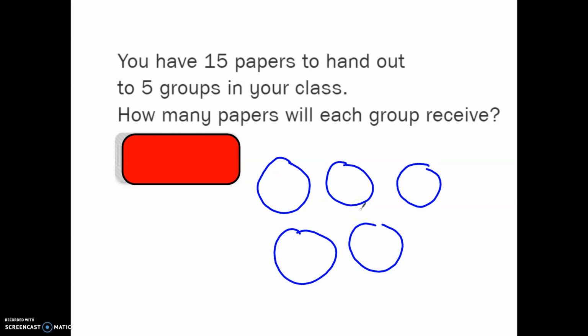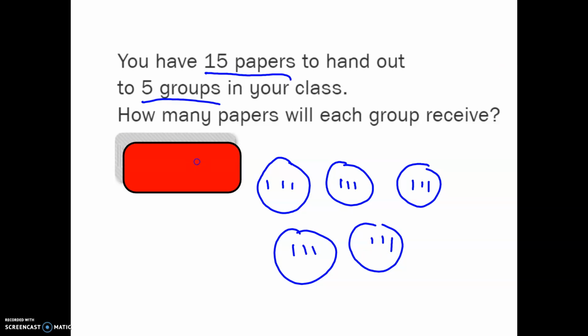How many papers will each group receive? 5 groups, 15 papers to hand out. They don't each get 15. So that means I'm going to give everybody 1 until I get to 15. 1, 2, 3, 4, 5, 6, 7, 8, 9, 10, 11, 12, 13, 14, 15. Oh, everybody would get 3 papers.